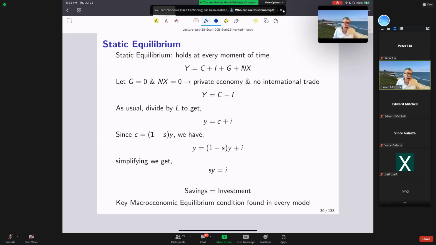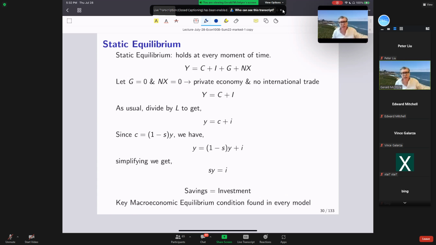It's the key macroeconomic equilibrium found in every model we do in macroeconomics. In order to have resources to build a new factory, those are resources that can't be consumed by somebody else, by households. In fact, when we get to the end of the course and we talk about the short run of the economy, we'll have an entire graph called the investment savings graph.